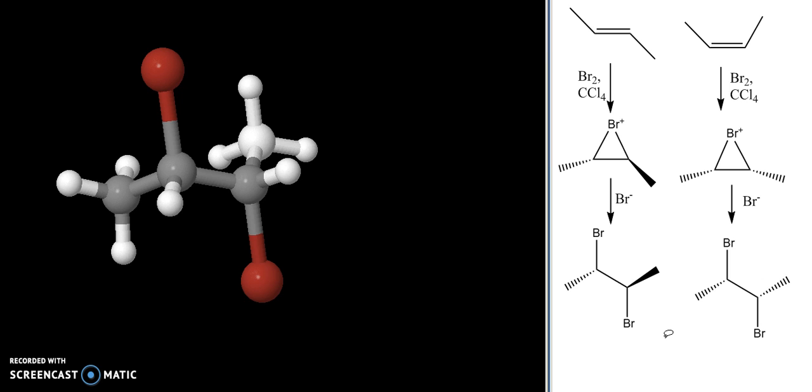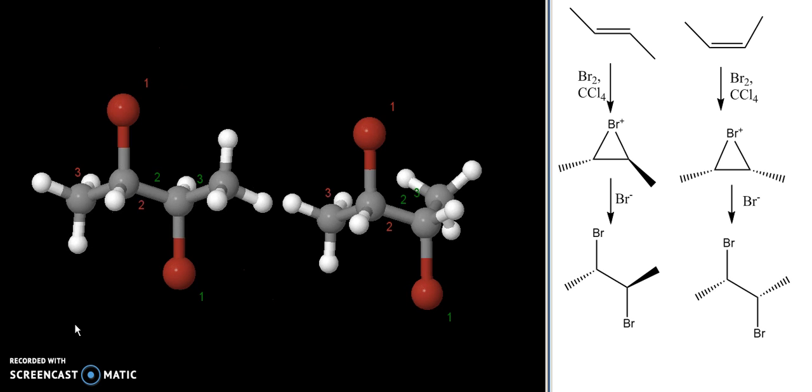And there are 2 different ways we can do this. First, we can assign the stereochemistry to all 4 of our stereocenters in the 2 products, 2 over here, 2 over here. So let's actually do that. Here are my 2 products. This is from the trans, this is from the cis. I've assigned the priorities of everything here. So for instance, if I start here, this is 1, this is 2, this is 3.